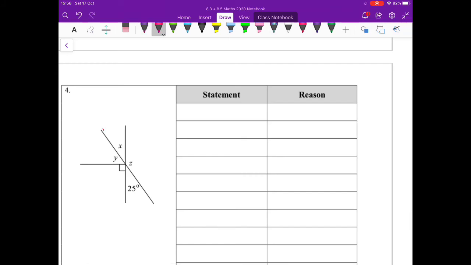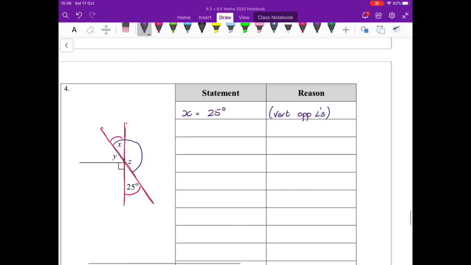Again, we go and highlight the straight line. So we have two straight lines. X is vertically opposite to 25. So I can immediately say X equals 25 degrees. Reason: vert op angles. Now I can say that x plus z equals 180 degrees because those are adjacent angles on a straight line. They share a common vertex.